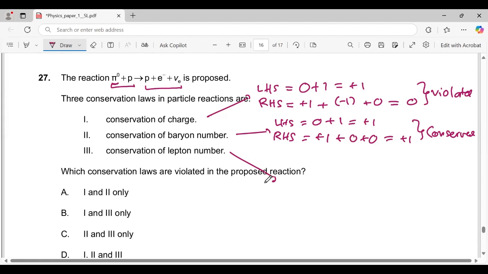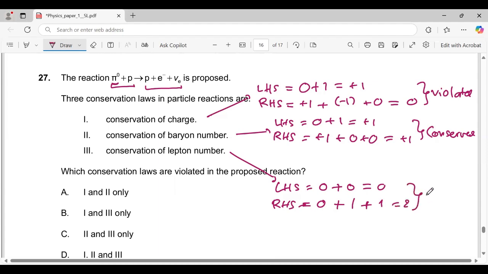Now conservation of lepton number. On the left hand side, the pi zero has lepton number zero and the proton has lepton number zero as well, so it is zero. On the right hand side, the proton has lepton number zero, the electron has lepton number one, and the neutrino has lepton number one also, making two.